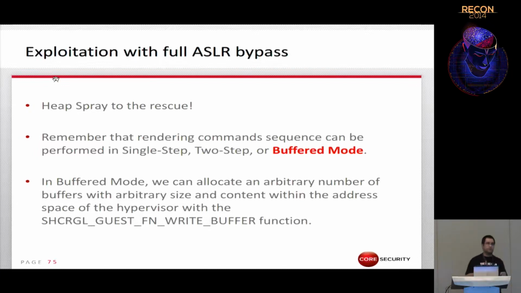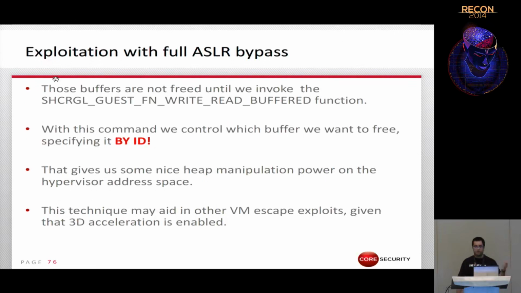Remember that when sending rendering commands in buffered mode, we were able to allocate an arbitrary number of buffers of arbitrary size containing arbitrary data in the heap of the hypervisor that runs on the host. So this is a powerful manipulation technique that will allow us to put our arbitrary data at arbitrary addresses within the address space of the hypervisor.